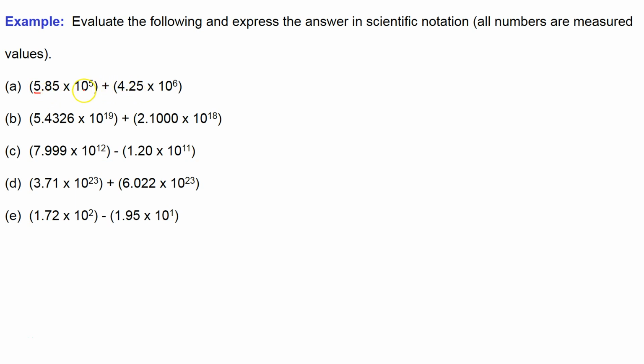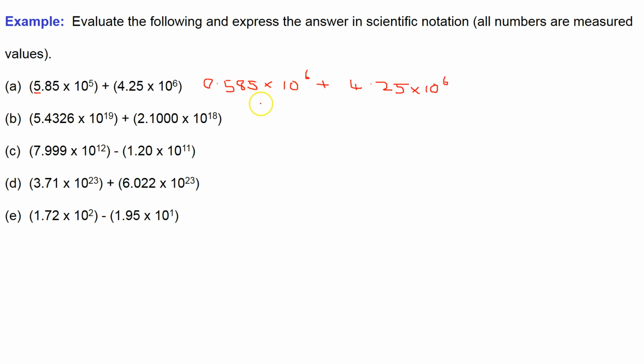I'm going to make this one a little bit smaller, so I would make that 0.585 by 10 to the 6, and then I'm going to add to that 4.25 by 10 to the 6.